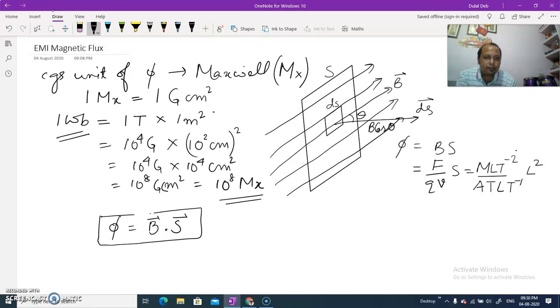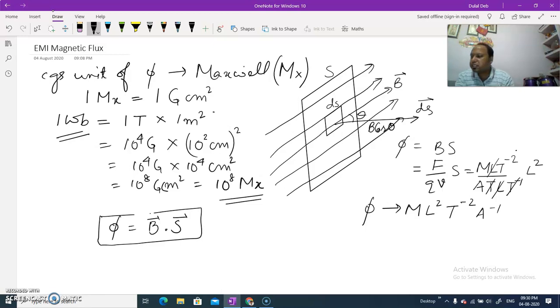So now for flux phi, we can write M. Then the L cancels out here, but this L square is there, so it is ML square. Then the T and T minus 1 cancel out, so we are left with T minus 2 and A minus 1.